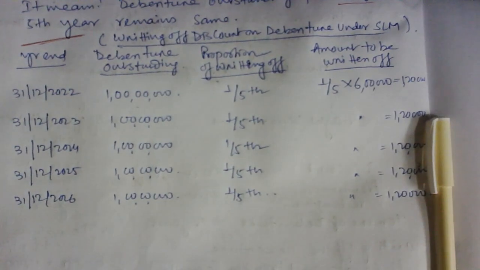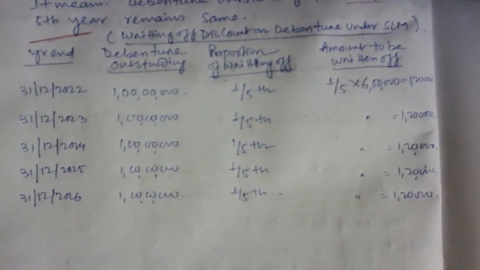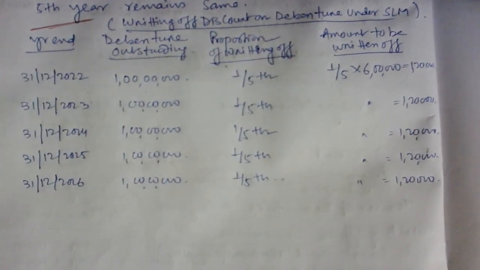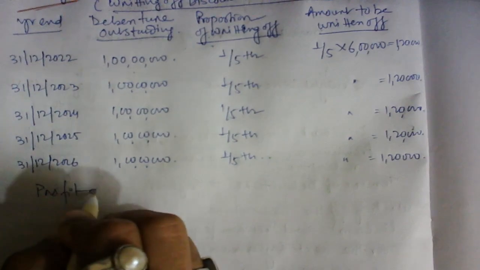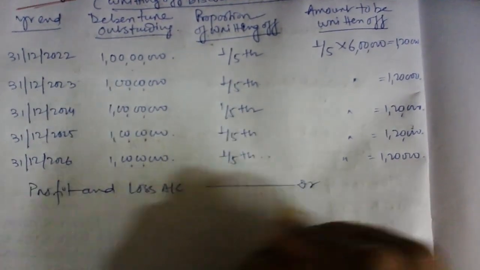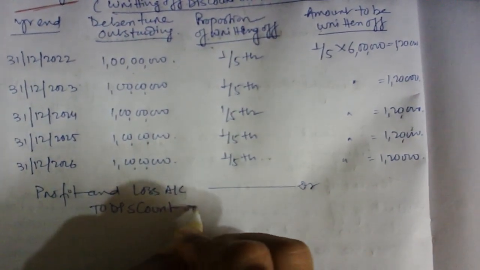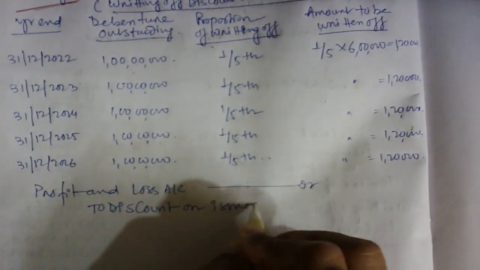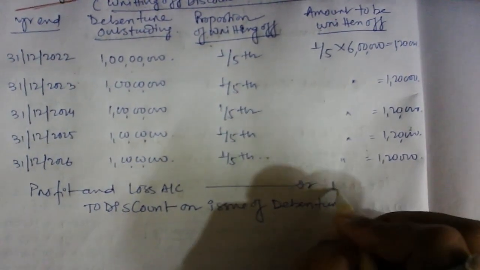And the journal entry we need to make: each and every year end the journal entry will be the same. Profit and loss account debit to discount on issue of debenture 1,20,000.